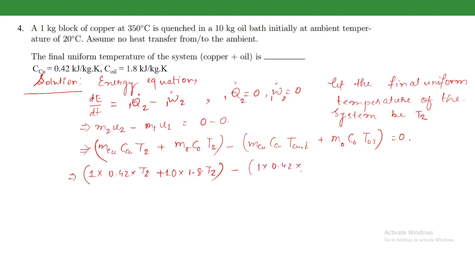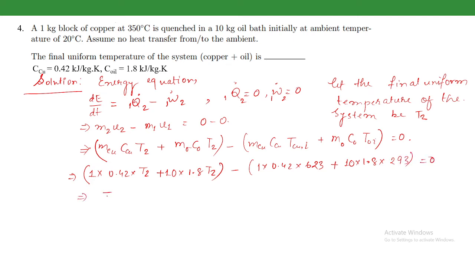What is the initial temperature? Initial temperature is 350 degrees Celsius, which is 623 Kelvin. Plus this is 10 kg, 1.8. And what is the initial temperature? The oil bath is initially at the ambient temperature of 20 degrees Celsius. It is 293 Kelvin.